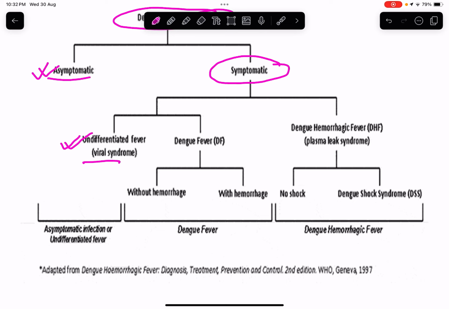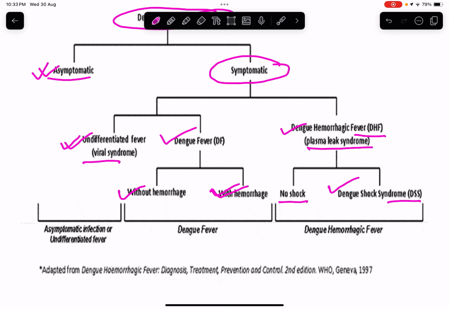Other than that, there may be dengue fever without hemorrhage or with hemorrhage. And the other one is plasma leak syndrome or dengue hemorrhagic fever. Dengue hemorrhagic fever may be associated with shock, which is known as dengue shock syndrome, DSS. It may not be associated with shock also.